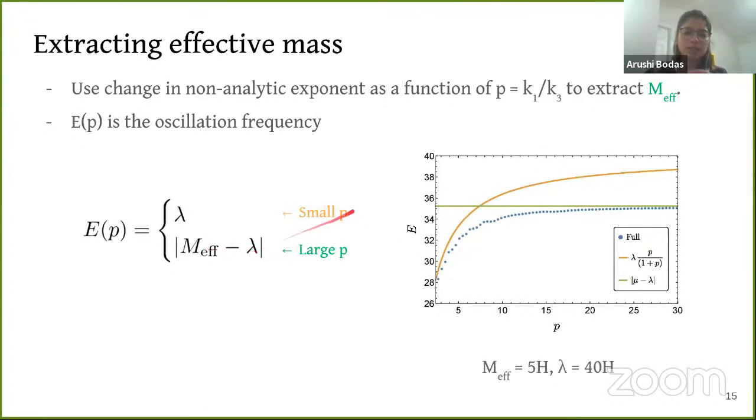But for a smaller P, it is only lambda. So if I can independently find out the oscillation frequency in the small P regime and the large P regime, I can find out lambda and then get the effective mass from there. So that's a great thing, that the frequency is changing and we can actually get the effective mass in the end.